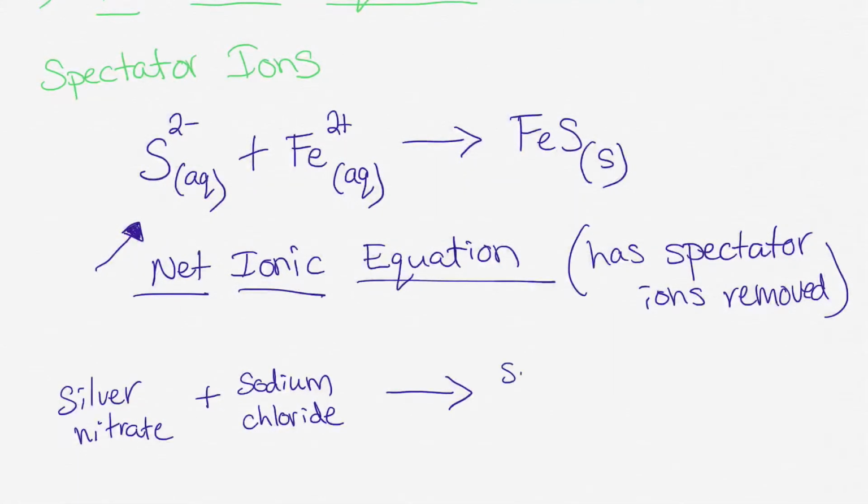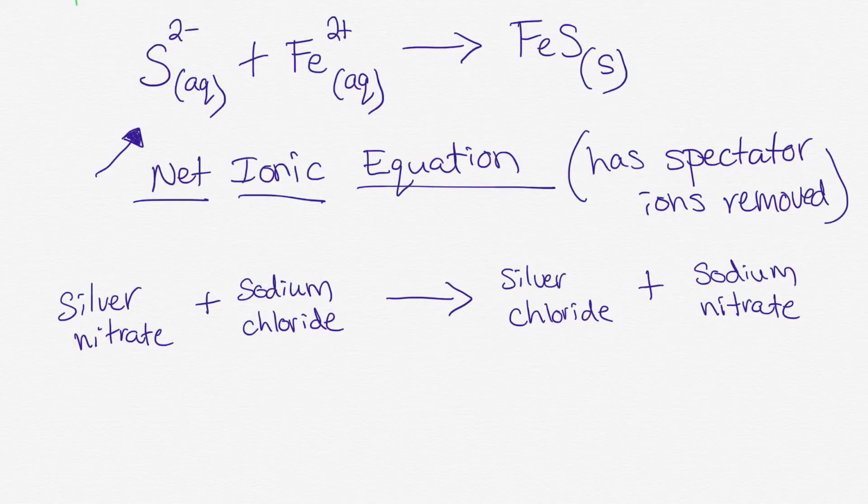And so then we're going to produce silver chloride and sodium nitrate in our double displacement reaction.